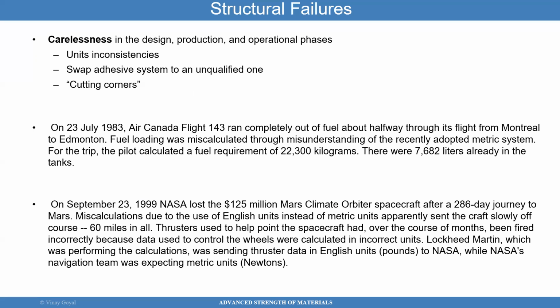And so the person thought they could cut corners, because of the schedules they have to meet. You're cutting corners to get it done, supposedly, but you don't have all the facts. There are a lot of examples here. The bottom one is the units issue with the $125 million loss due to a miscalculation of English units versus metric units.